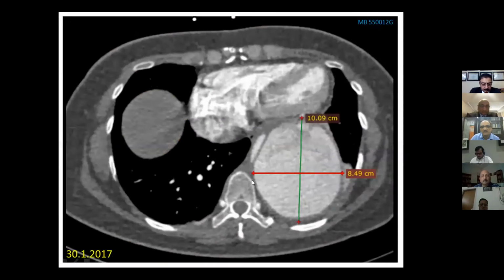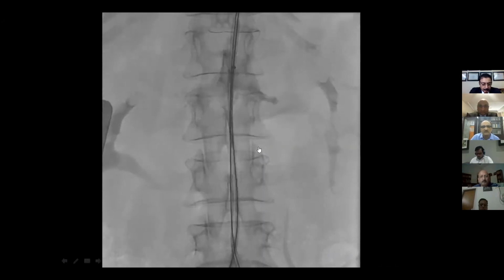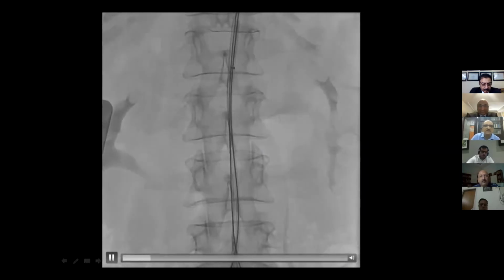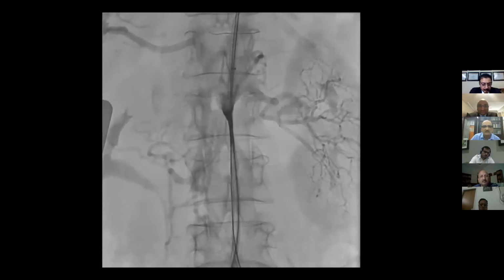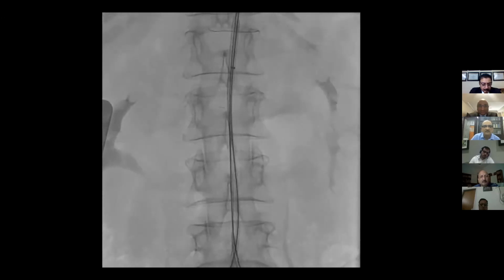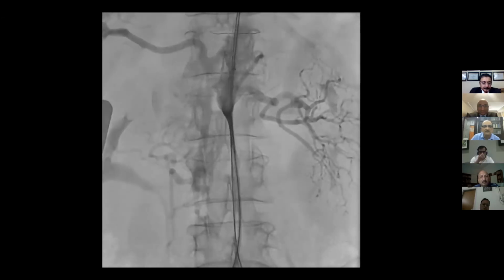And this is an axial image. You can see how big the false lumen is. It's 10 centimeters by 8.4, and the true lumen is a very tiny sliver on the medial aspect. And the true lumen was very small in the abdominal aorta as well, and the angiogram here shows the true lumen almost obliterated.